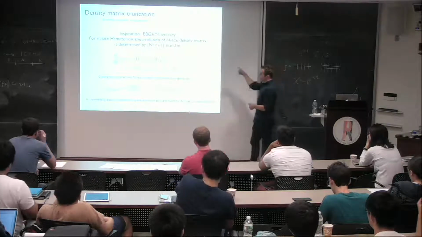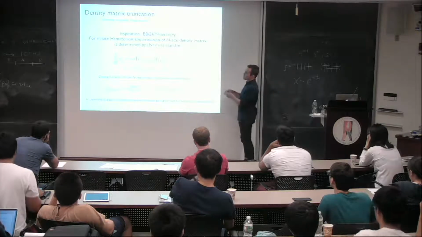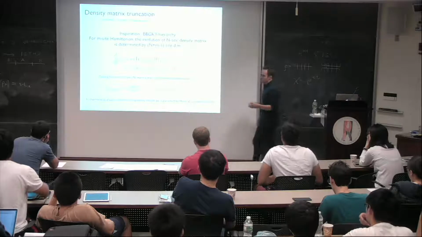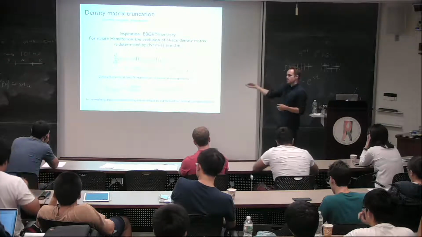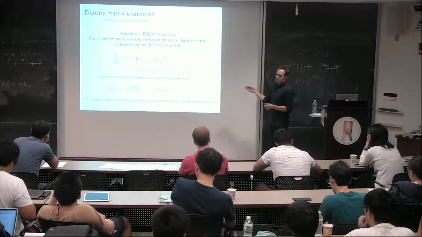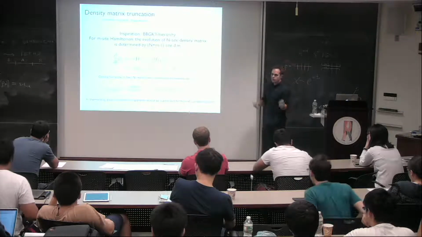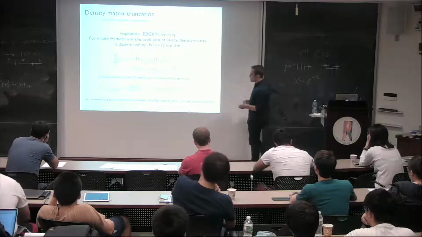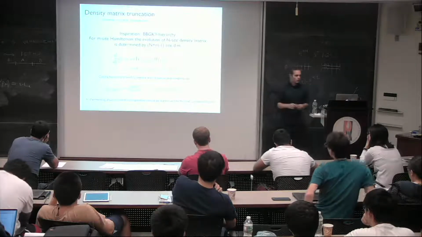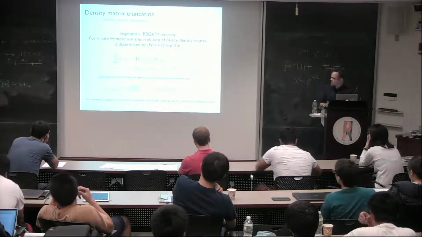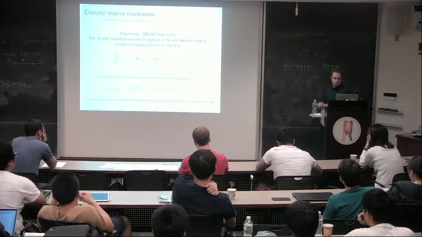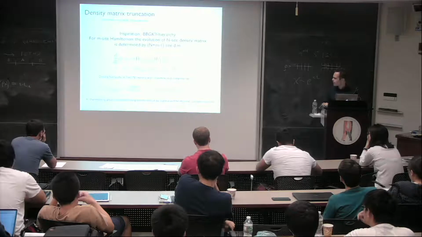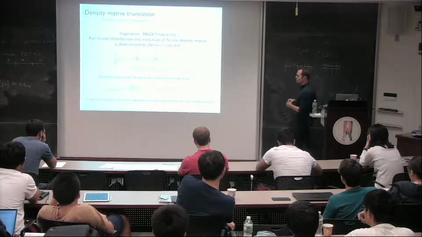So one way to close the BBGKY hierarchy would be to keep up through, say, the four-site density matrices, and then the five-site one you replace by its disconnected component, which means you know it from the one through four-site ones. That closes the cycle, and then you can do this time evolution. I'm not actually aware of any studies which have tried to do this for super large density matrices, or up to a super high level.